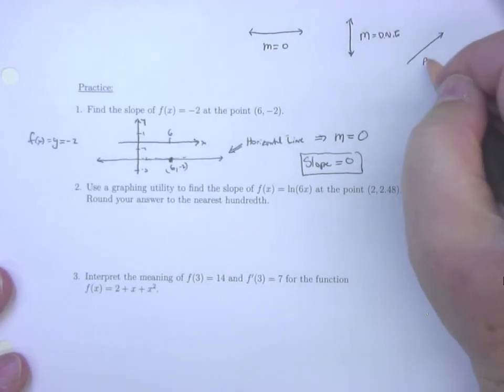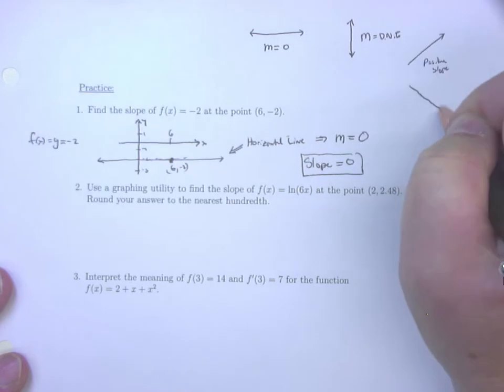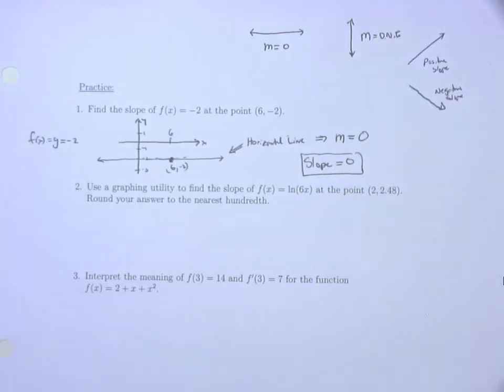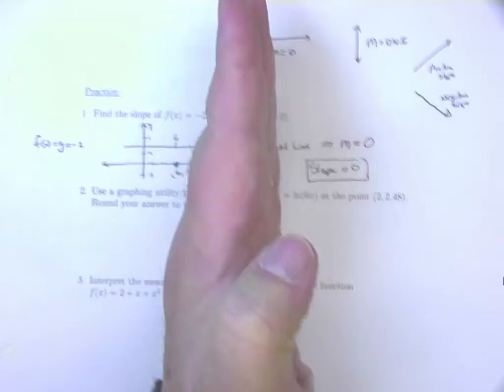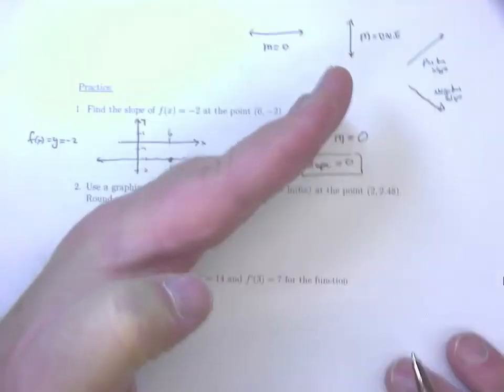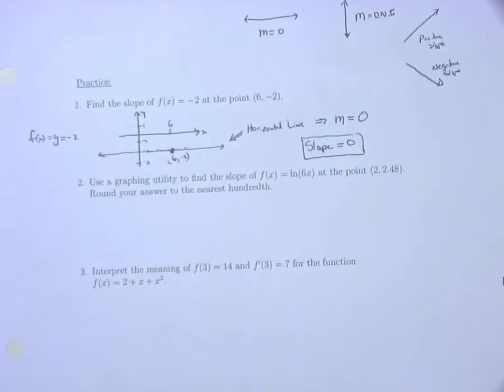This is called a positive slope. And going from left to right, if you go down, it's called a negative slope. So here are your 4 slopes: 0, undefined, positive slope, and a negative slope. And you read a graph from left to right.